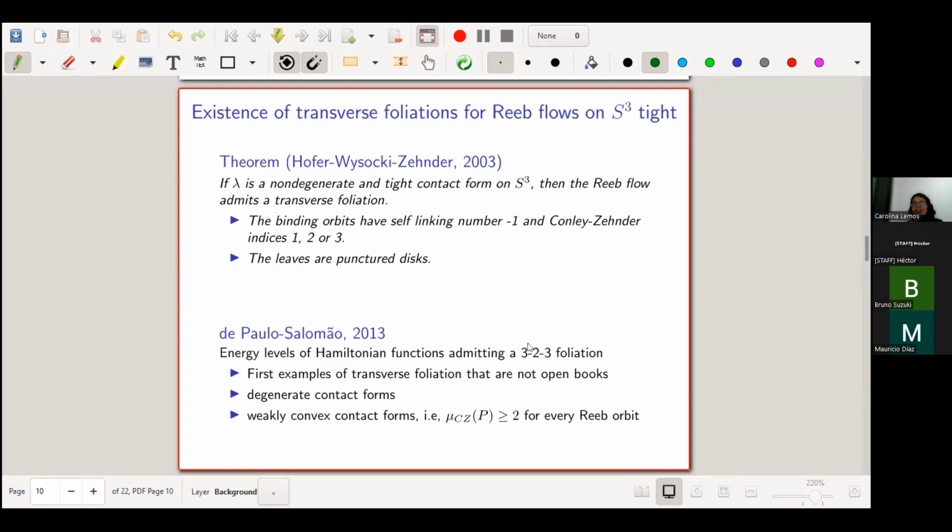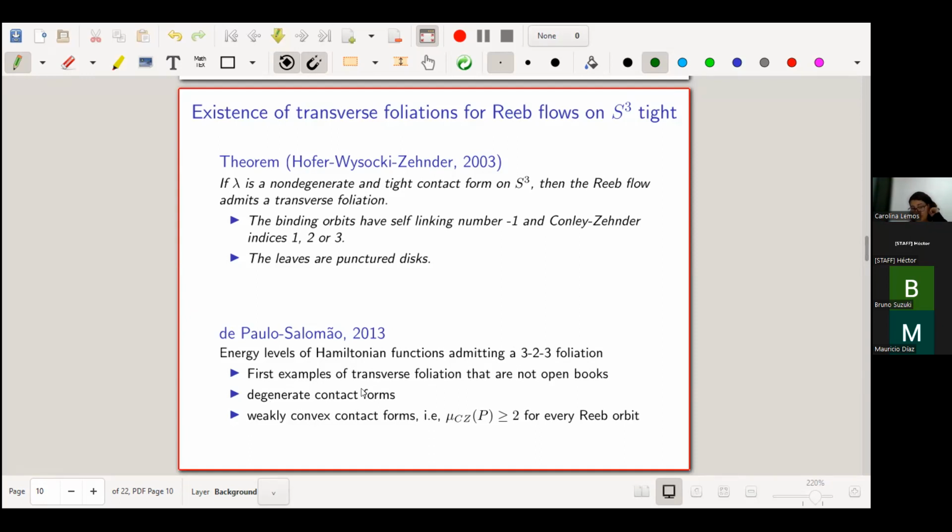But the idea is that they defined a foliation called a 3-2-3 foliation. It has 3 binding orbits, and it was the first known example of a transverse foliation that is not an open book.